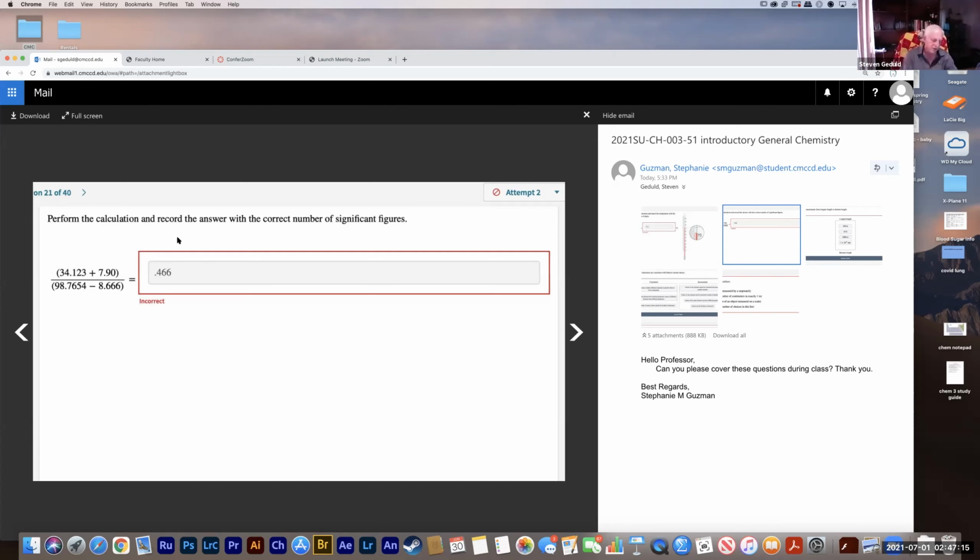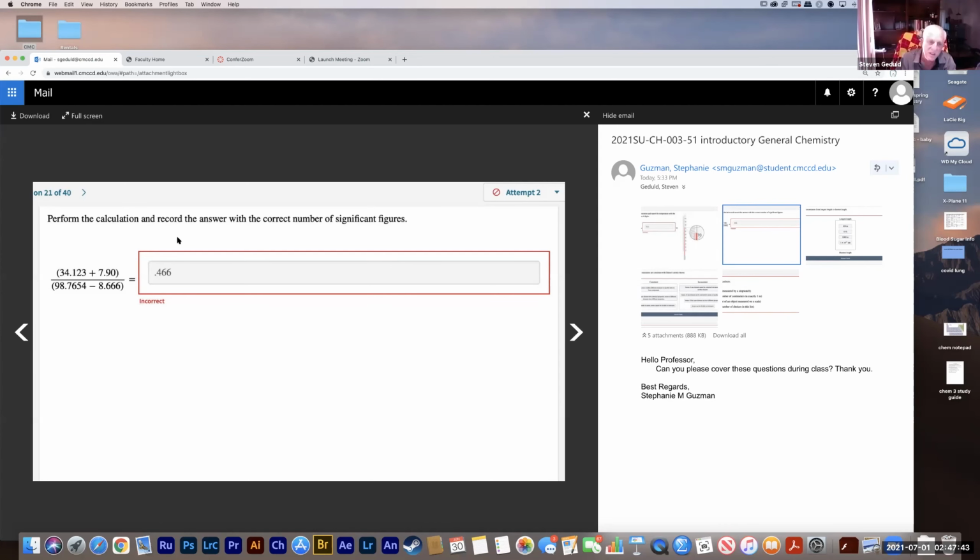Yeah. So my top number is 42.02 and my bottom number is 90.099. So I take 42.02 divided by 90.099, and that comes out to 0.466375888.